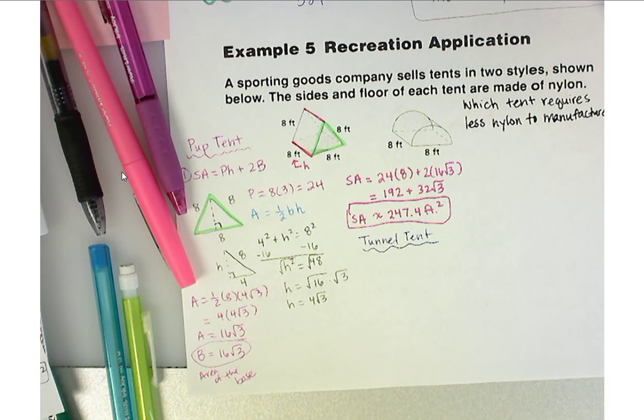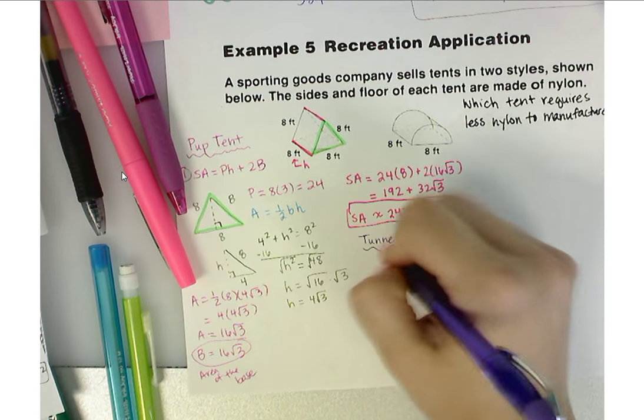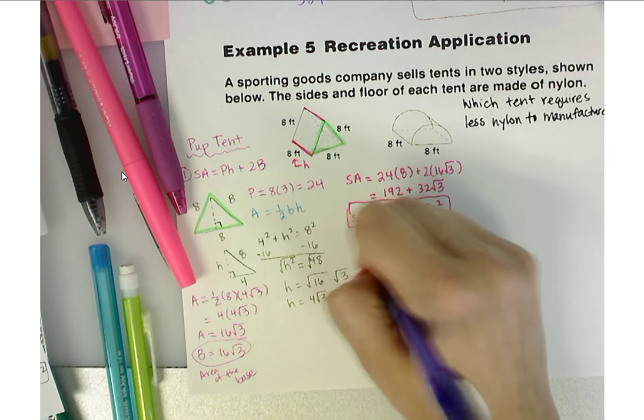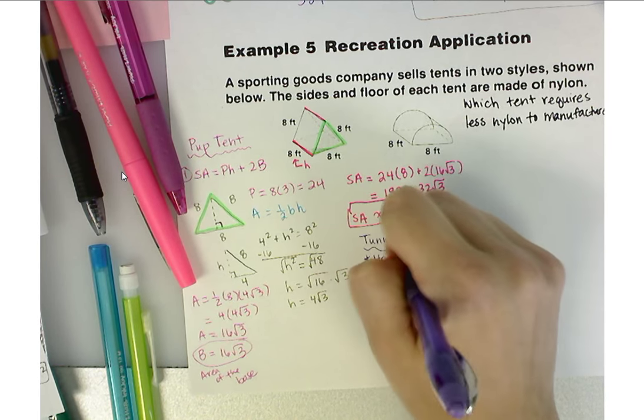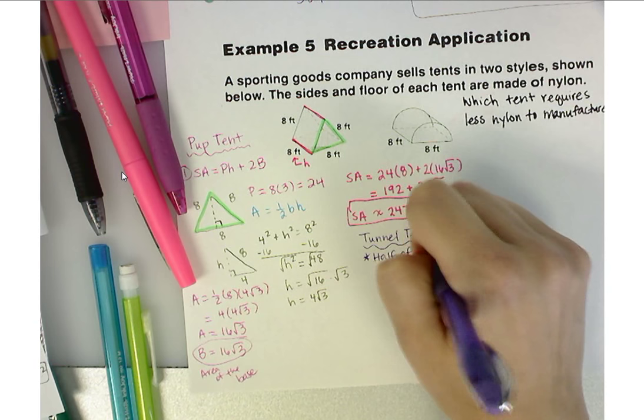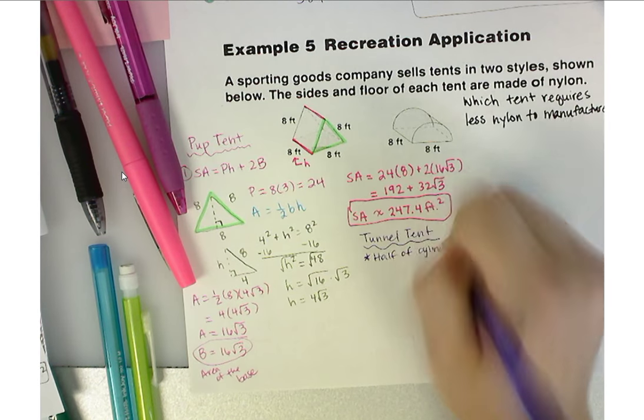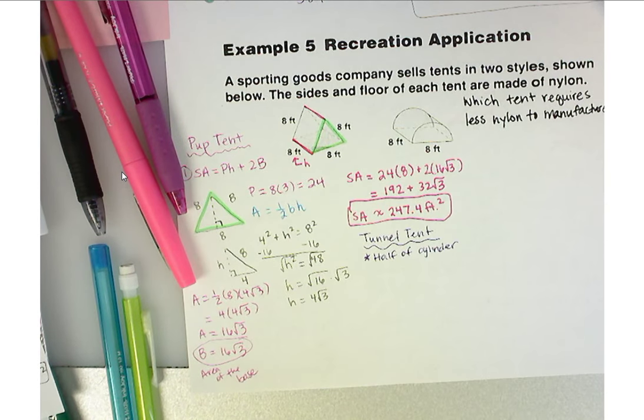Yes. So this side of it. Yeah. So your tunnel tent is going to be half of a cylinder. So when we're looking at the equation for a cylinder, we have to remember that we're going to end up multiplying that by a half.